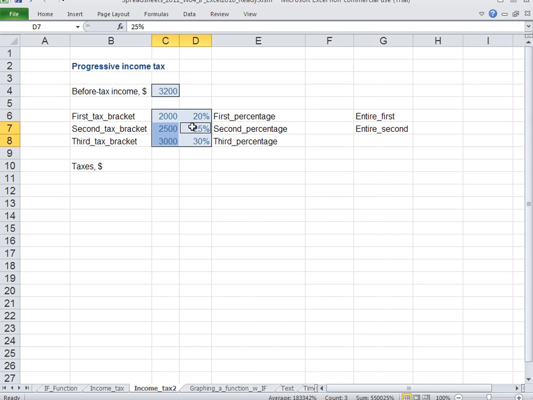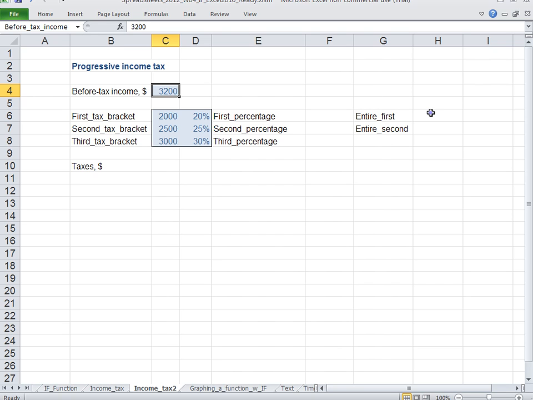And then you had to pay 30% on the amount by which you were over 3,000, which is this last 200. So that's how difficult the progressive income tax calculations are, and it turns out it's exactly as difficult as our Excel formula will get.